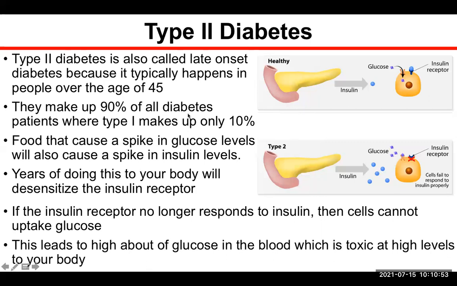The reason why type 2 diabetics end up getting this is because they're constantly having glucose spikes in their body, which is going to lead to insulin spikes, like I showed you in that graph.